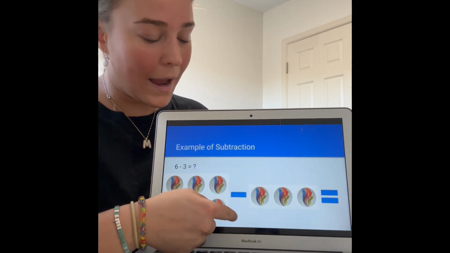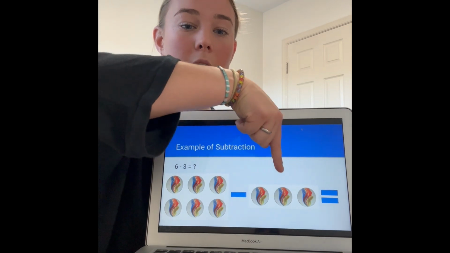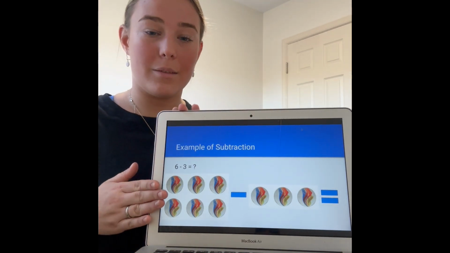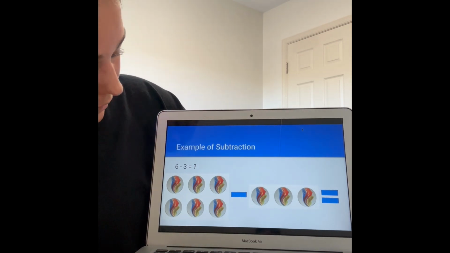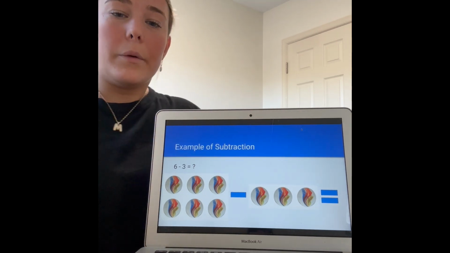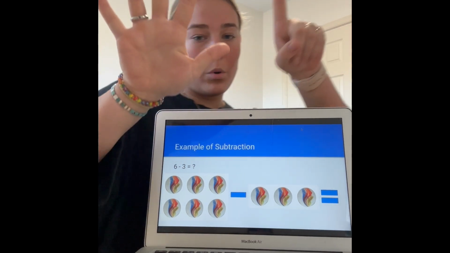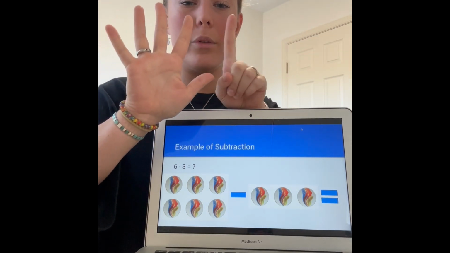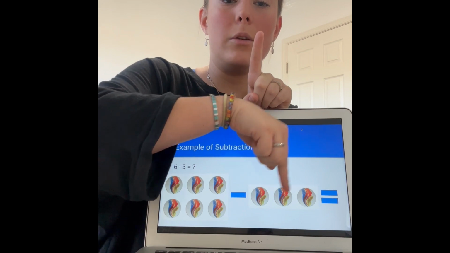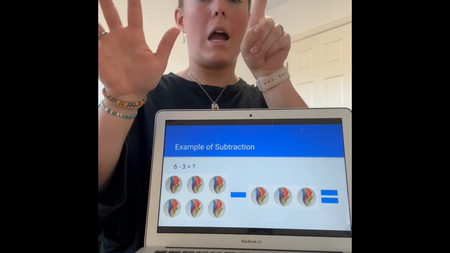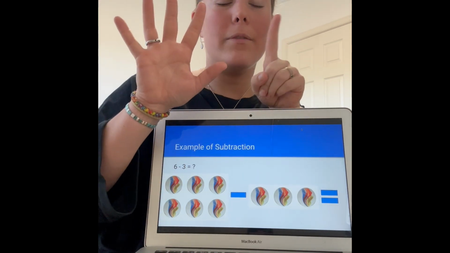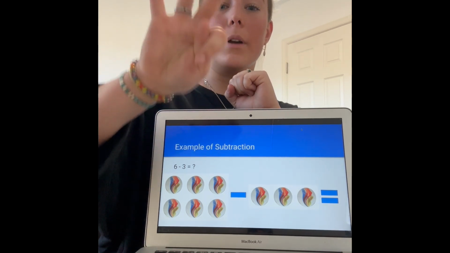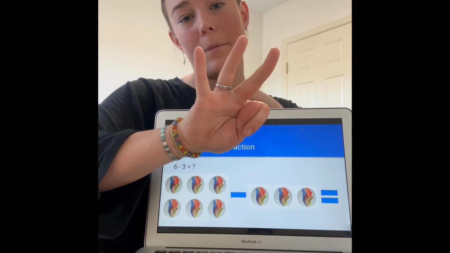We want to subtract 3 marbles away from our 6 marbles. We want to take away 1, 2, 3 marbles. I'm going to take 3 of my fingers away from the 6. So 1, 2, 3. What does that leave us with, students?